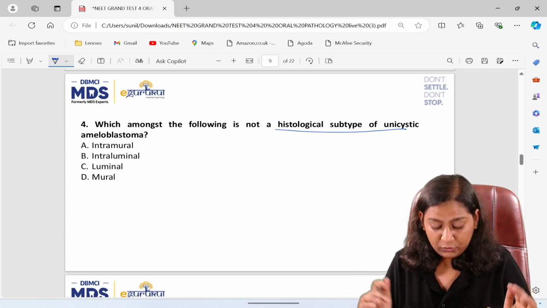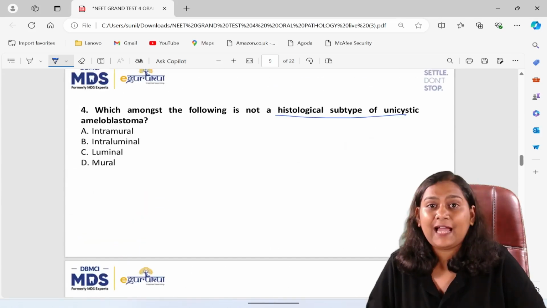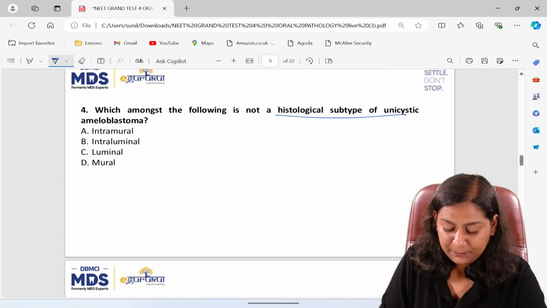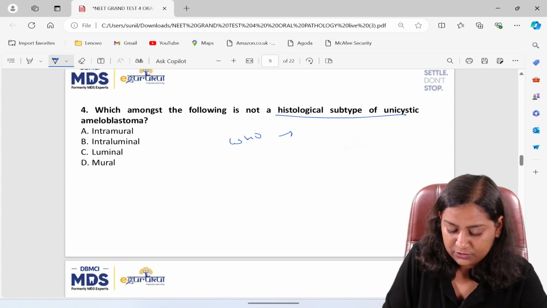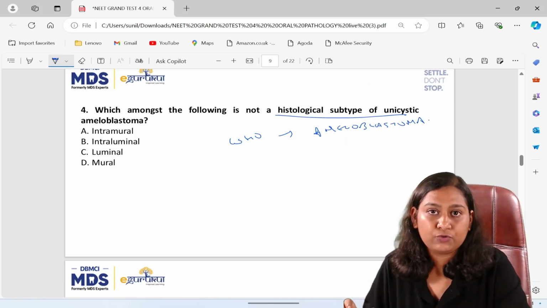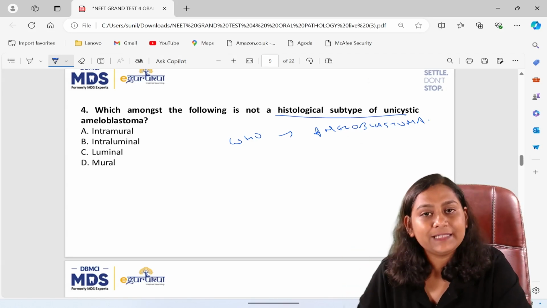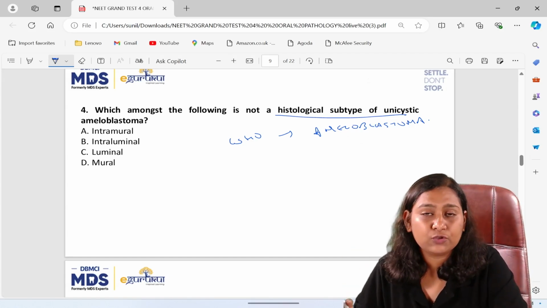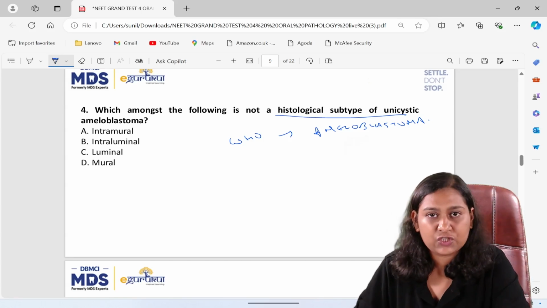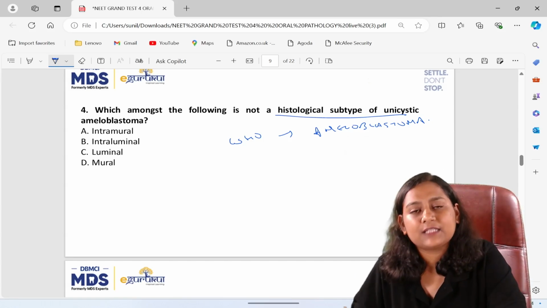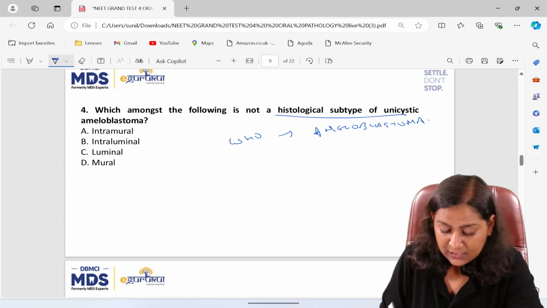First of all, tell me what are the types of ameloblastoma as per the WHO classification? Tell me the types of ameloblastoma. So we have 4 types. So the conventional ameloblastoma is considered as multicystic ameloblastoma. Okay, so do not get confused between conventional and multicystic. Multicystic ameloblastoma is only considered as conventional.